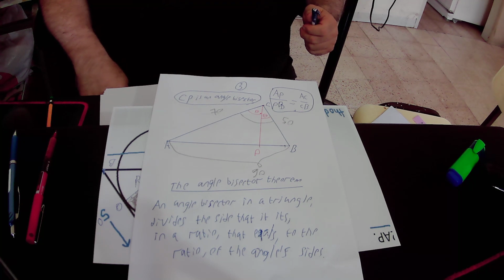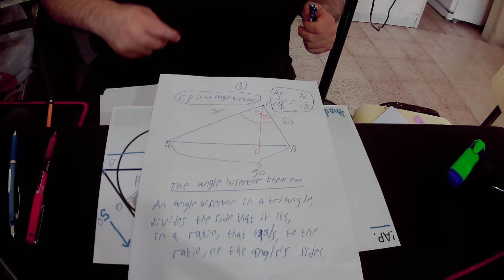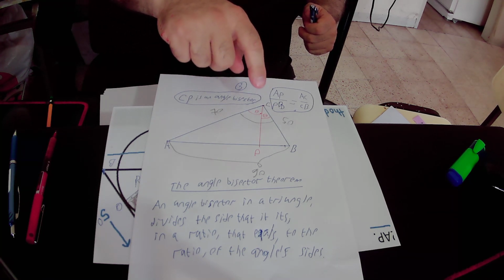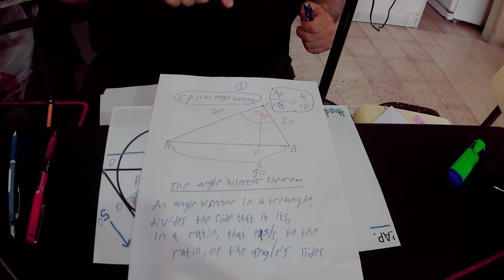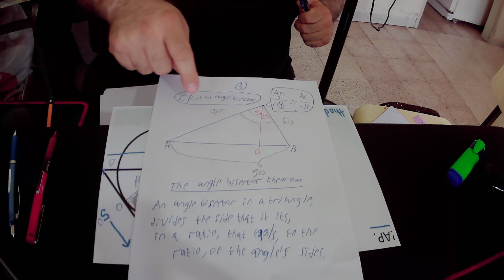Okay, so the same ratio in which angle bisector CP divides side AB is the ratio of the angle's sides.